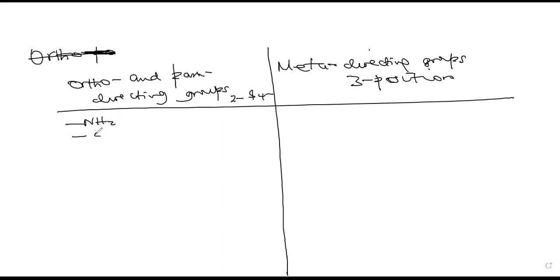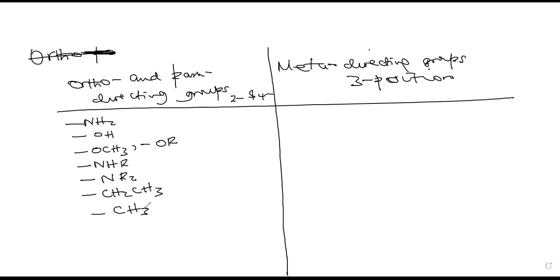They also include OH. Actually, most of them with lone pairs of electrons are ortho para directing. OCH3, one can have OR because it can be any alkyl. Then we can have NHR, NR2, CH2CH3, CH3.